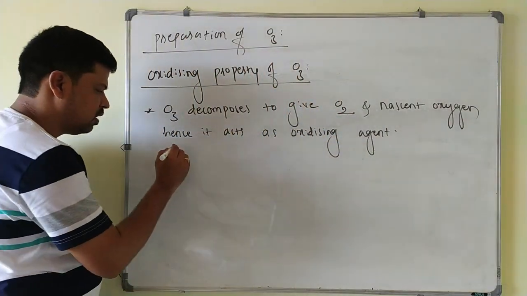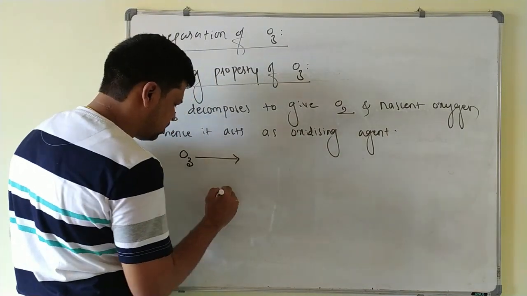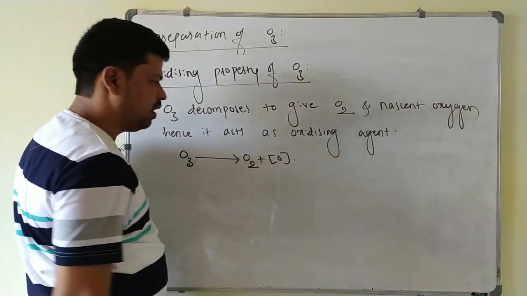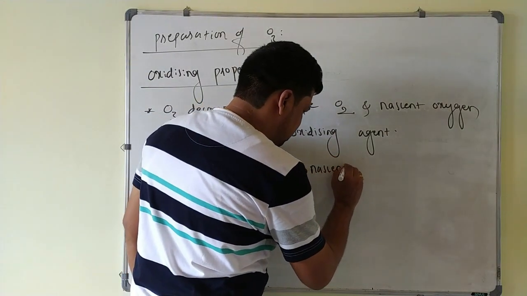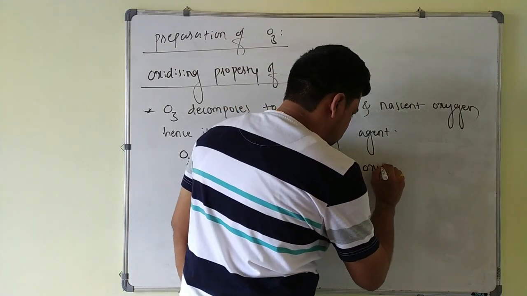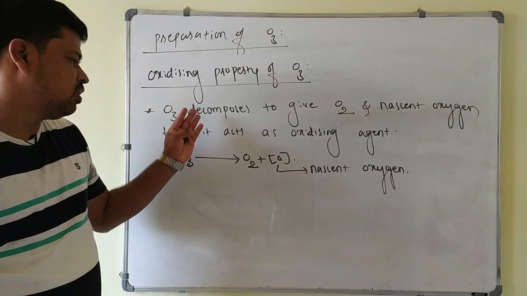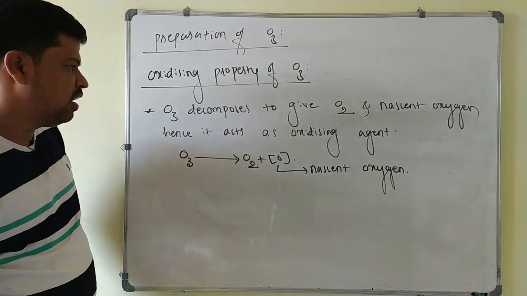So we will see the decomposition of O3. It decomposes to give O2 and atomic oxygen, which is nothing but nascent oxygen. So why does O3 act as an oxidizing agent? Because it decomposes to give the nascent oxygen, hence it acts as an oxidizing agent here.